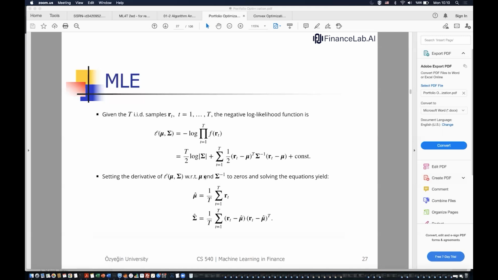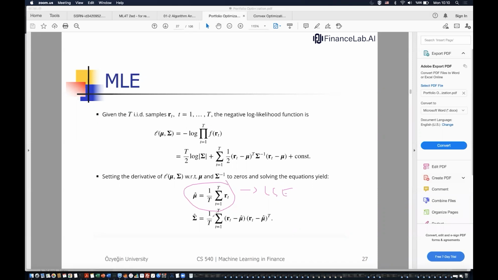If we take the derivative and set it to 0, then we find that the mean estimate of the returns is the same as the least squares estimate. However, the estimated covariance is slightly different from the least squares.